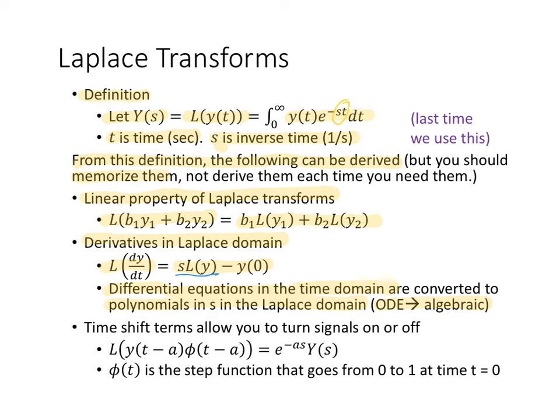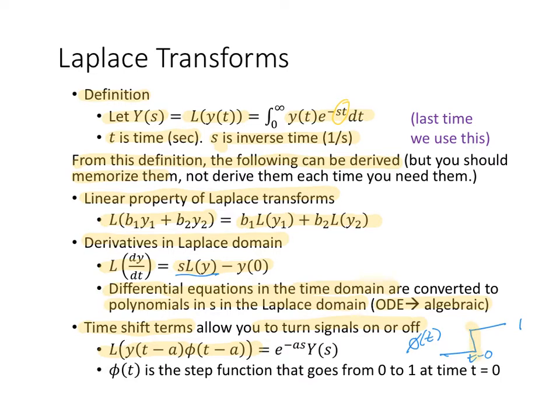The last useful property of Laplace transforms for solving engineering problems is that we can use time shifts to turn signals on and off. So we say the Laplace of y at t minus a times the step function of t minus a. And remember, a step function steps from 0 to 1 at time t equals 0.